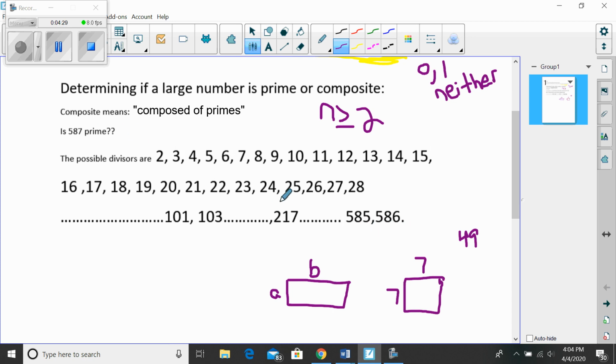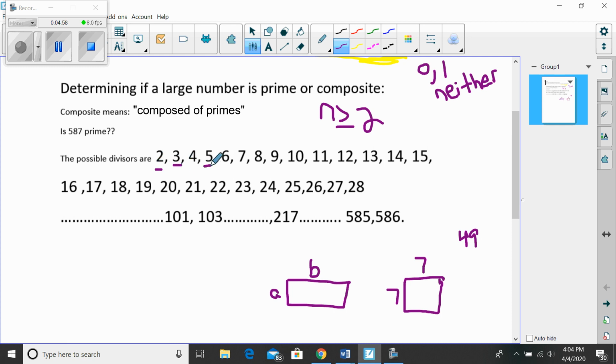I have to consider, could any one of these numbers be a divisor? I don't know until I test. It's possible to cut my work way down. One of the things that will help is to use some divisibility rules, which we haven't talked about in depth yet, but I'm hoping you know the basics, like for 2, for 3, and for 5.